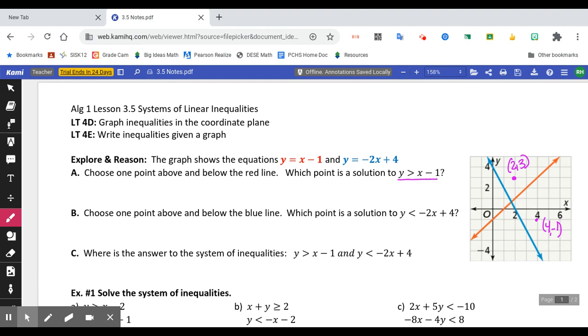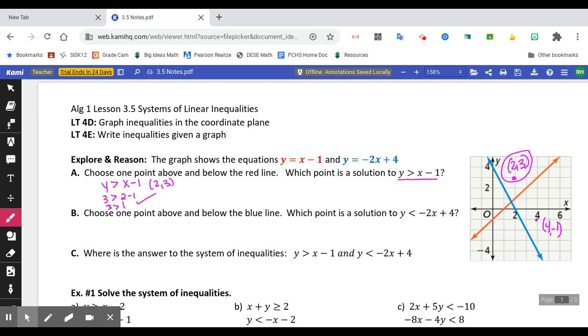Okay, and we're going to try to figure out which one is the solution to this inequality, right? So if we have y is greater than x minus 1, and we chose the point 2, 3, we're going to plug it in, and we're going to have 3 is greater than 2 minus 1. So 3 is greater than 1, and that is true. If that's true, that means that this would be a solution in the system.